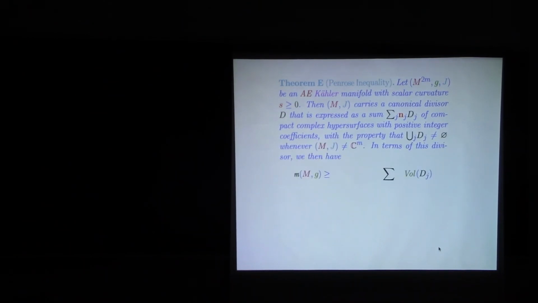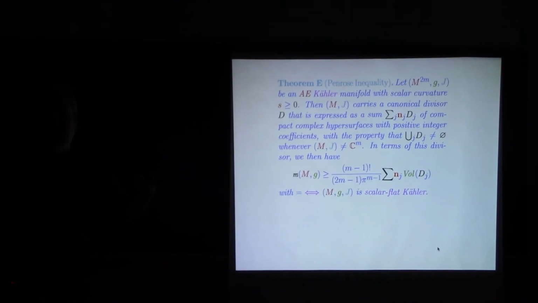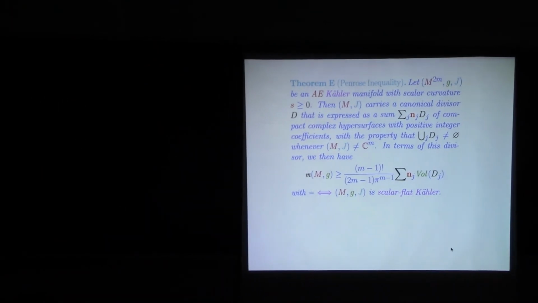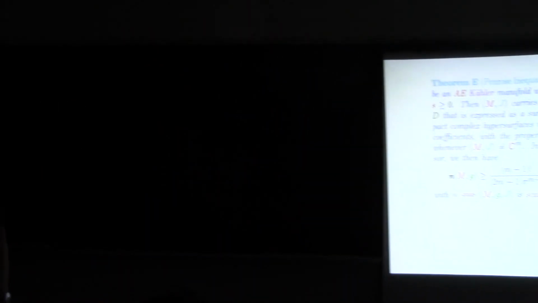And you can use that to then say that actually the mass is bigger than the sum of the volumes of those hypersurfaces with appropriate weights, and that you get equality exactly in the scalar flat Kaehler case. And the only case in which this divisor is trivial is if the manifold is Cm. In that case, you can then prove that the manifold is actually Euclidean space.